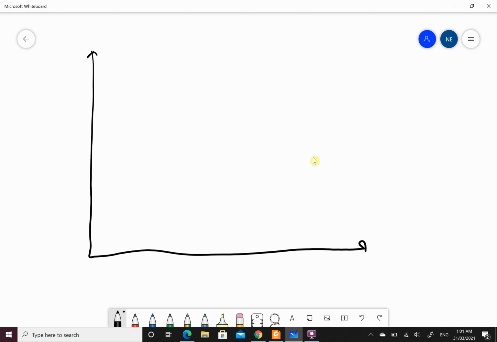Total head, my flow, and then we'll plot the points that we find. We'll have one something like this. They're fairly curvy, something like that roughly. Then I'll have another one in green that might sit something like this.